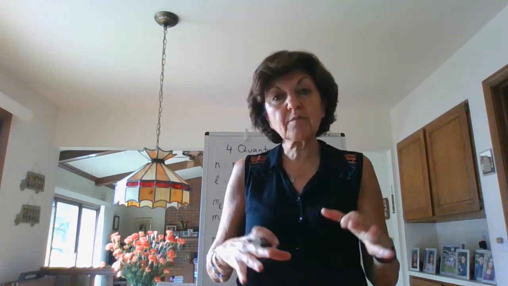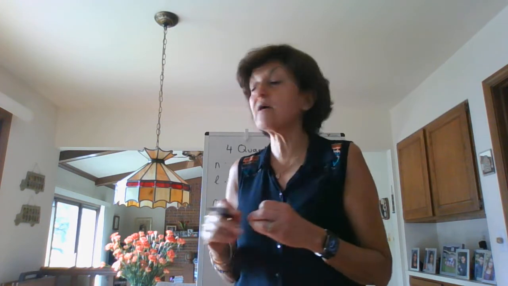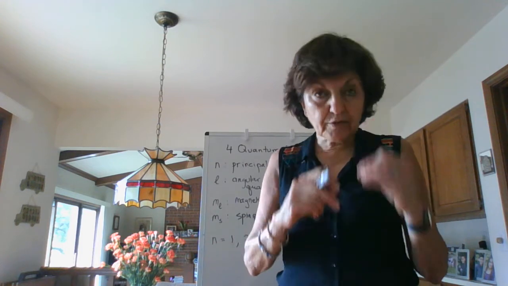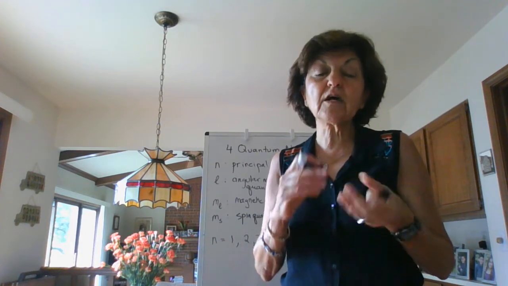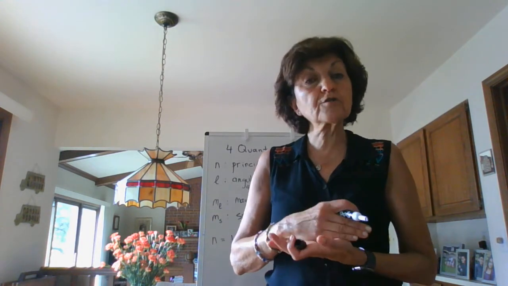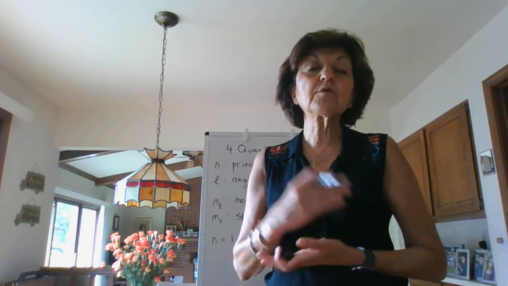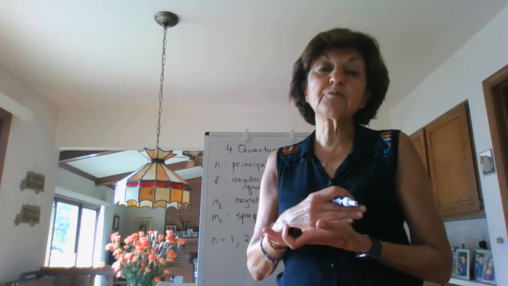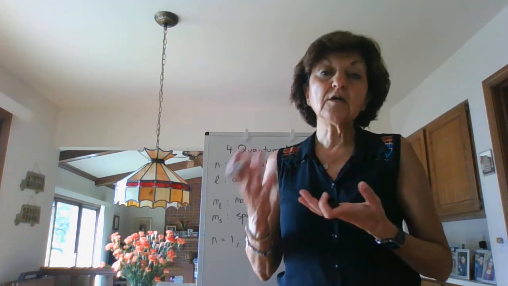Okay, so that's stuff that we can relate back to intro chemistry class, but now we're just saying that we're going to call that shell number the principal quantum number, and we'll give it a number anywhere from 1 to infinity. So if the electron is in the first shell, the first quantum number would be 1. If the electron is in the second shell, the principal quantum number, which is N, would be 2.